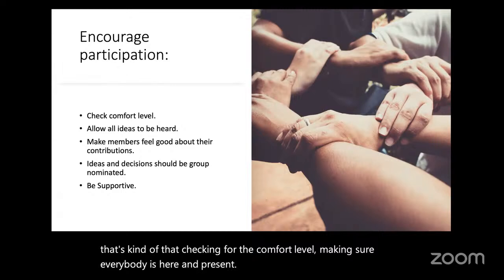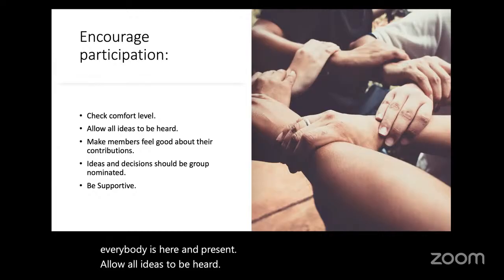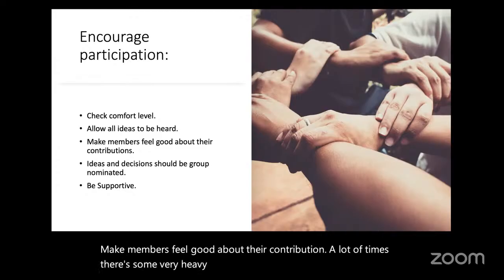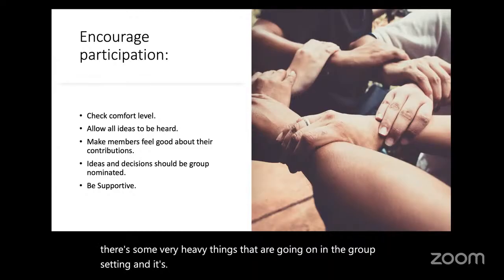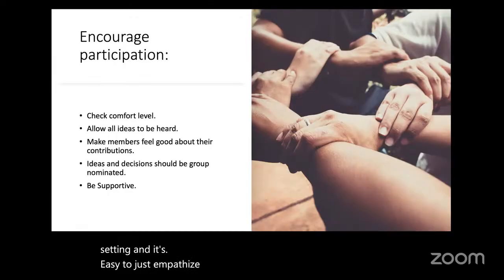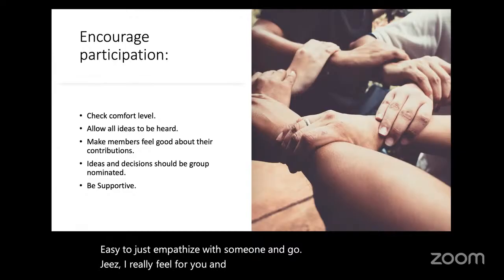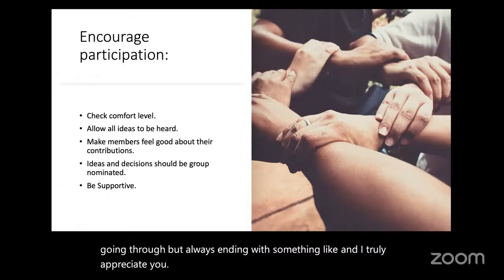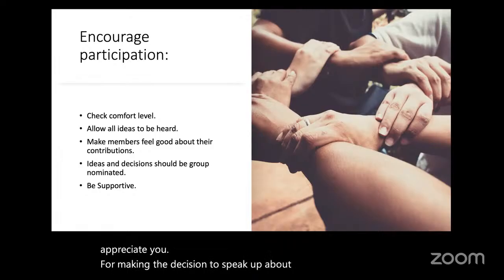Allow all ideas to be heard, and make members feel good about their contribution. A lot of times, there are some very heavy things going on in the group setting, and it's easy to just empathize with someone and go, geez, I really feel for you, I'm feeling your pain and what you're going through, but always ending with something like, and I truly appreciate you for making the decision to speak up about what you're experiencing.